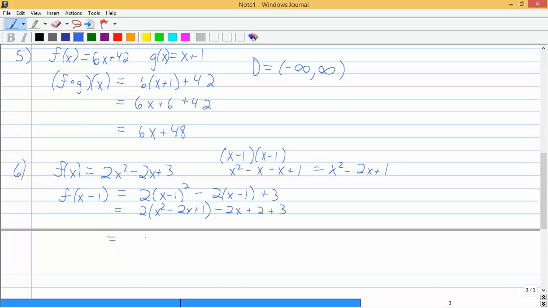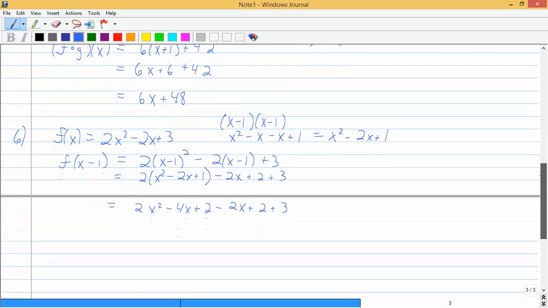So distribute this 2. You have 2x squared minus 4x plus 2 minus 2x plus 2 plus 3. Now combine your like terms and you'll have 2x squared minus 6x plus 7.